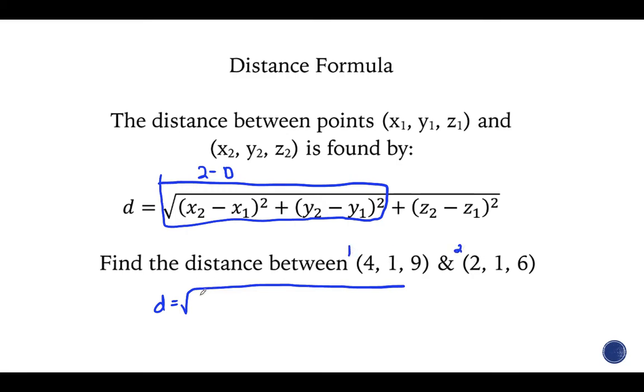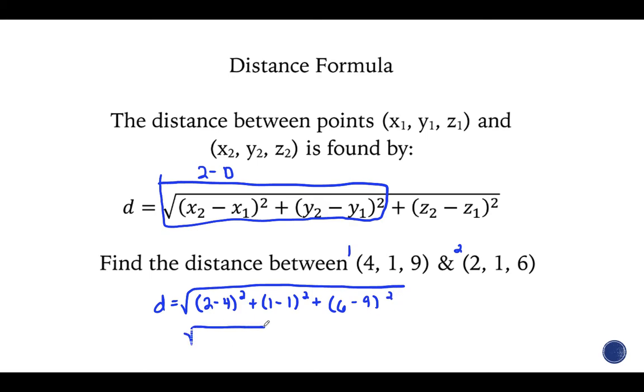If I'm following the formula by the letter of the law, we would say (2 minus 4) quantity squared plus, find the change of my y's. Since y is the same in both points, that change is going to be 0. And then I find my change in z, which is (6 minus 9) quantity squared.